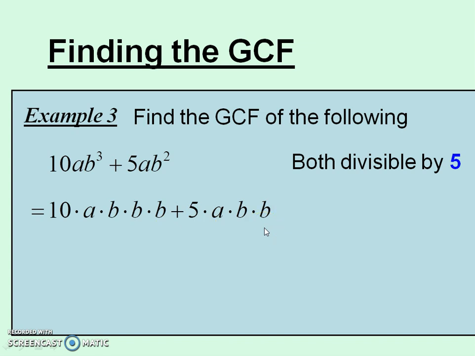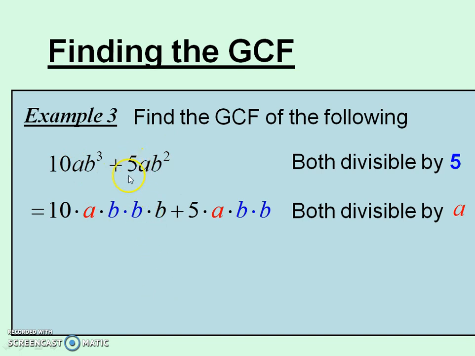This way, it's easier to see that both terms contain at least one a. That means that a is going to be part of the GCF. And they both contain at least 2 b's. You're always looking for the limiting factor. The fact that there are 2 here and 3 here means that they can both be divisible by 2. They can't both be divisible by 3. This one doesn't have enough.